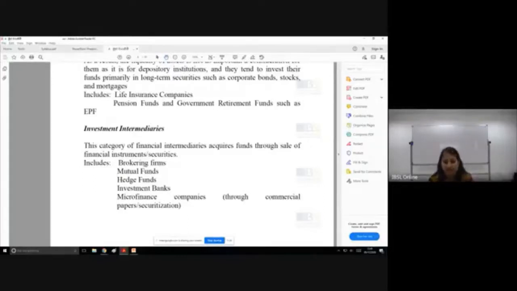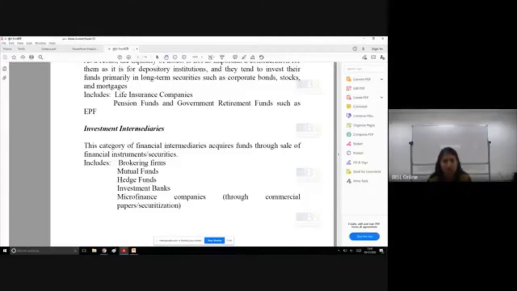Investment banks, you will see in all these papers, when they issue a debenture, there are managers to the issue and there are trustees to the issue. So these people will do the marketing or sale of the financial instrument and collect the commission as their return or their source of financing.